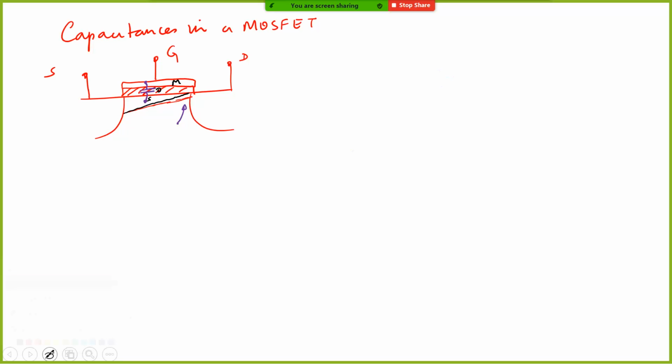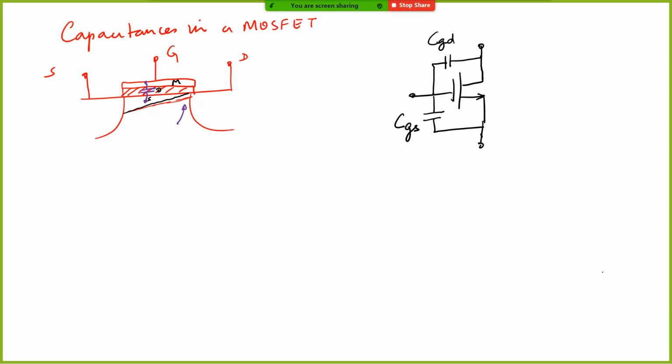If we draw the symbol of the MOSFET, there is going to be a capacitor existing between the gate and the source, which is called CGS, and another part of the capacitor is between the gate and the drain, which is called CGD.